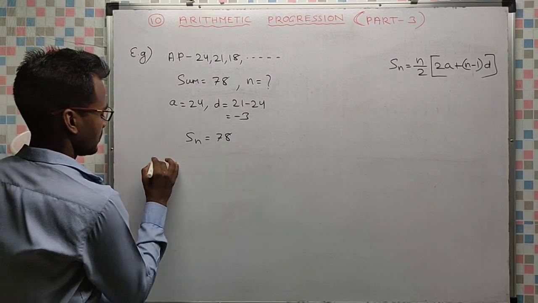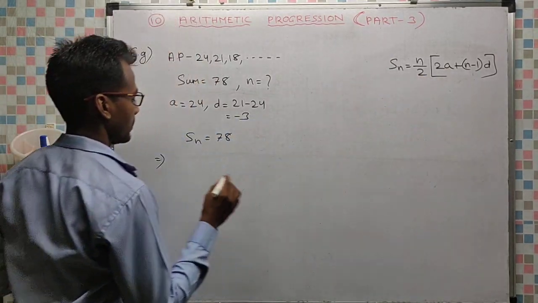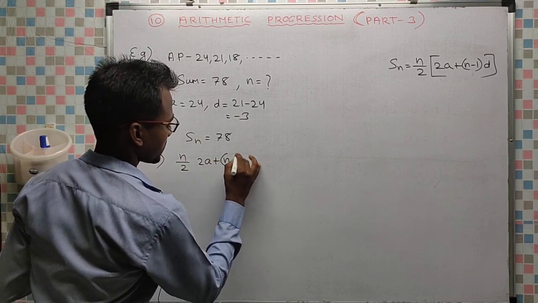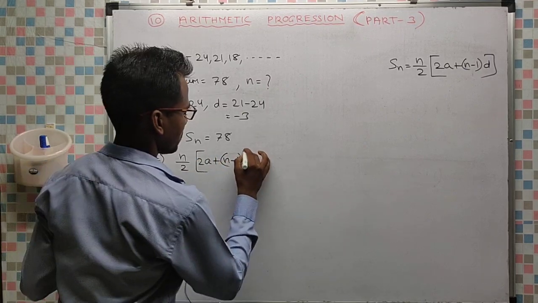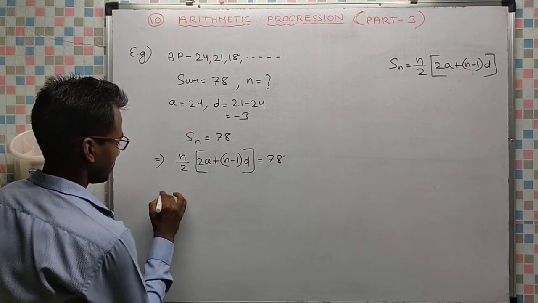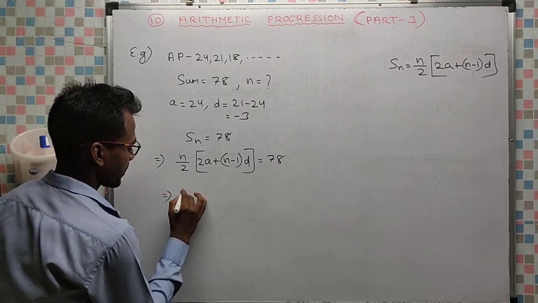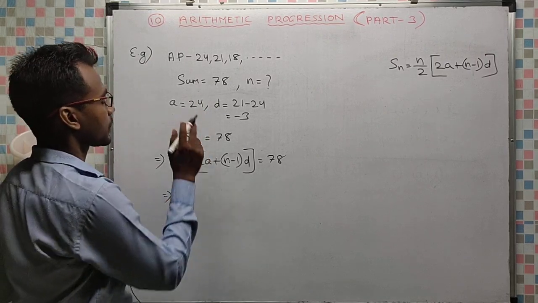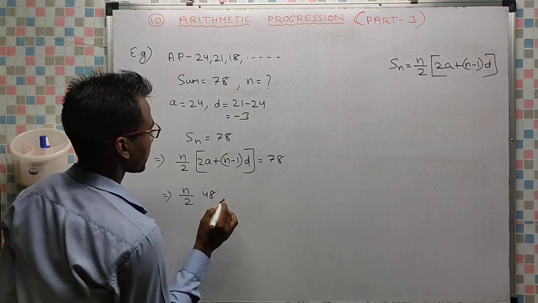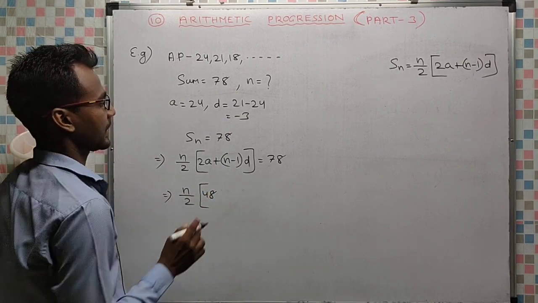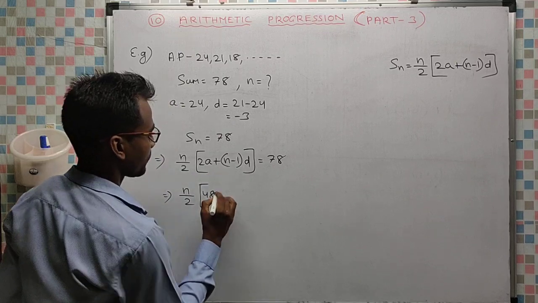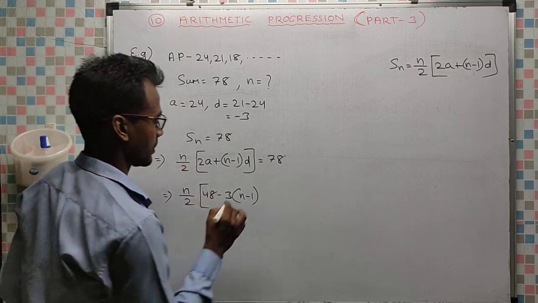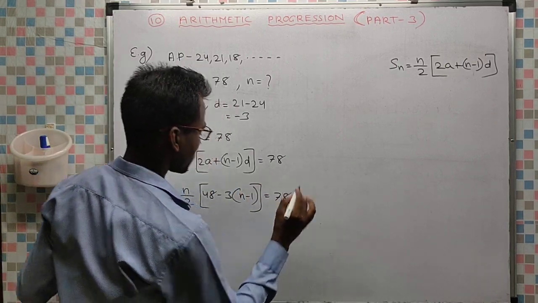The formula for Sn is n by 2 into 2a plus n minus 1 d, which is 78. 2a means 2 into 24, that is 48. What is d? Minus 3, so in place of plus I am writing minus 3, whole into n minus 1, equal to 78.